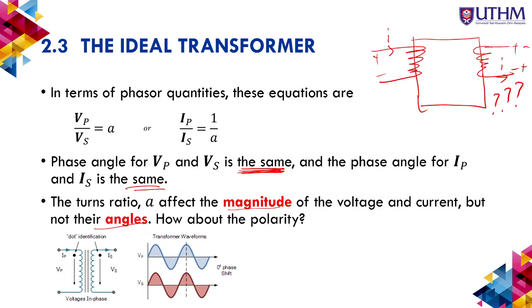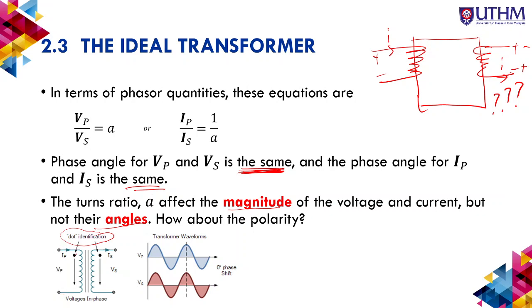To know the polarity, maybe in the data sheet they use a dot identification. For the primary side, when there is a dot over there, it means that the current will flow into the transformer.